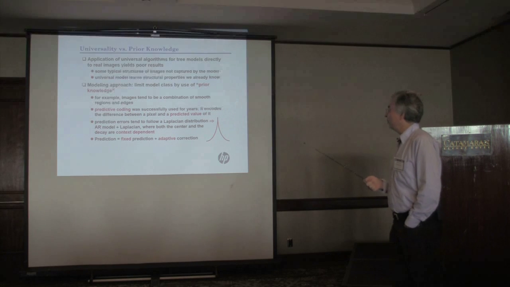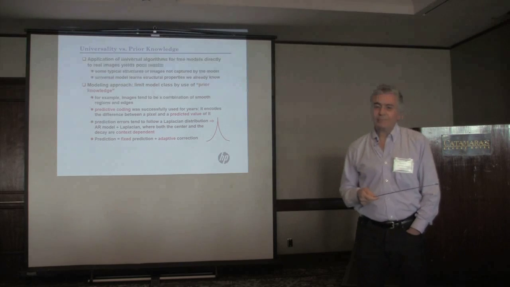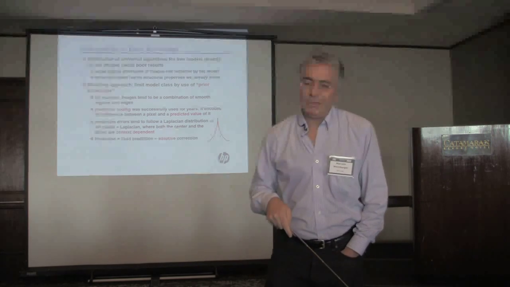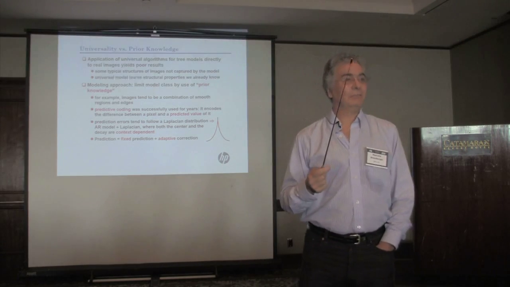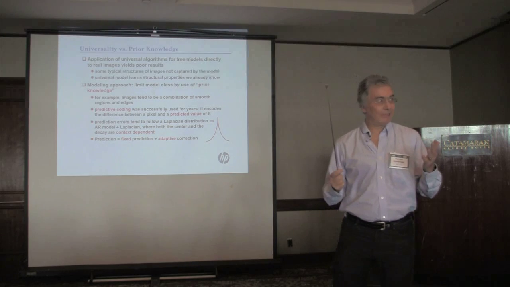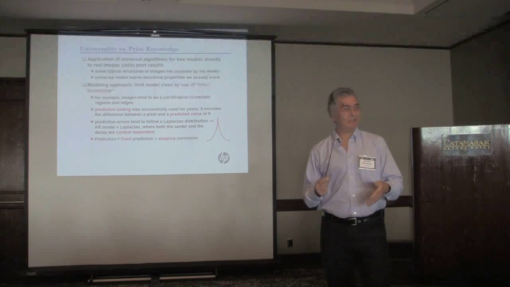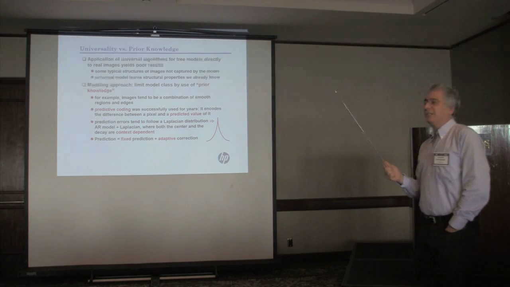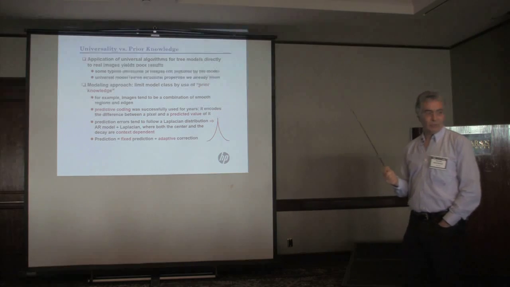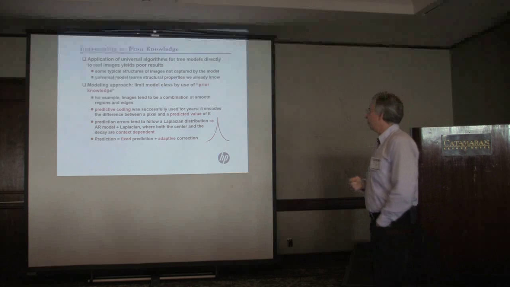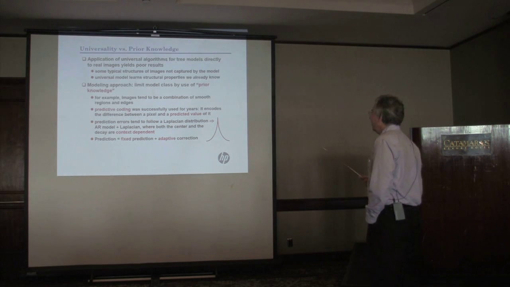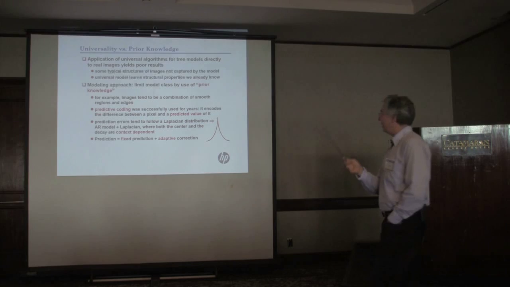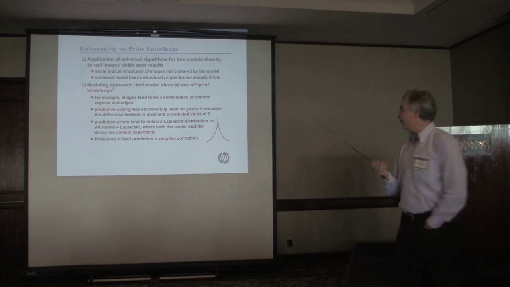So what is this prior knowledge? For example, images tend to be a combination of smooth regions and edges. In a natural image at least, you have smooth regions and you have edges. And in the smooth regions, for ages, people have been using predictive coding. So why discard it? Predictive coding encodes the difference between a pixel and the predicted value of the pixel.